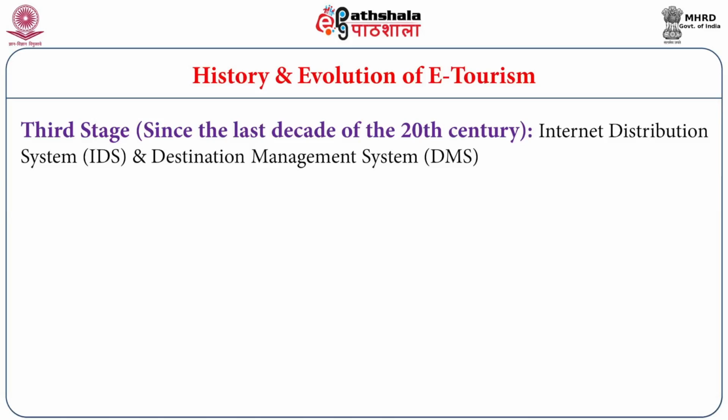And finally, the third and the latest stage, I can say that this is occurring since the last decade of the 20th century. It is called as Internet Distribution System, IDS, and Destination Management System, DMS. IDS is also called as Virtual Travel Agent or also called as Online Travel Agent.